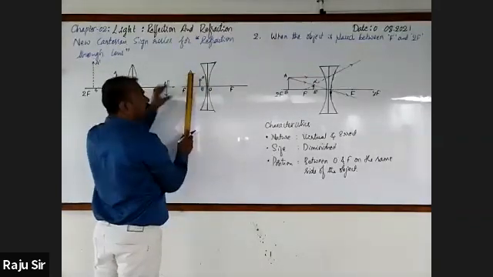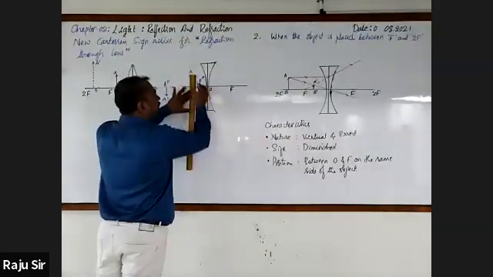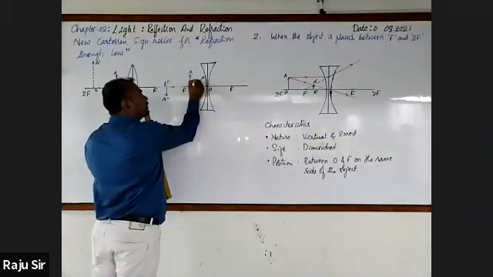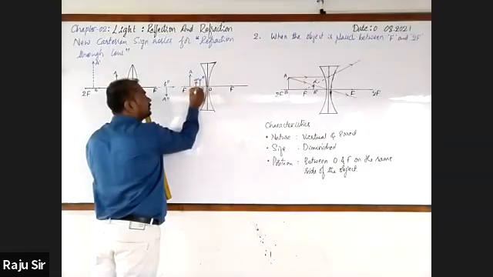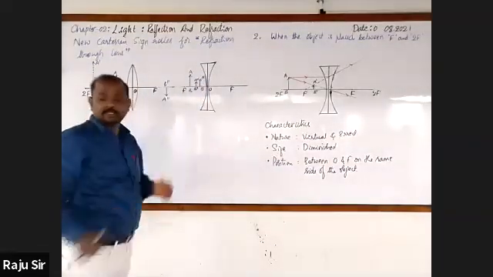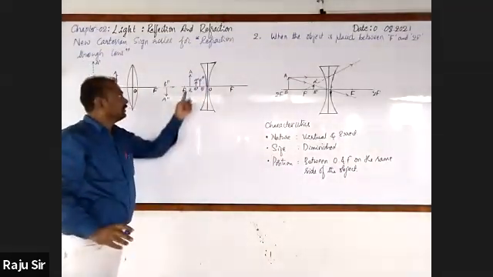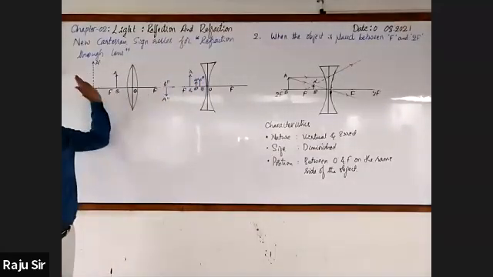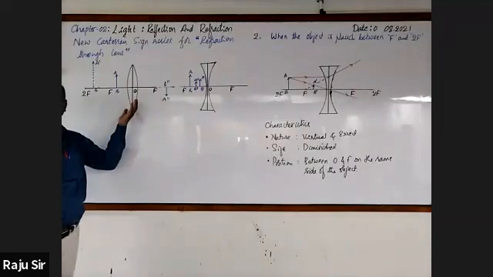Even at 2F, it is formed between O and F only. Is the image shown correct? A dash, A double dash, B double dash? Correct it is. Because as the object is taken away, it will be closer to the principal focus.